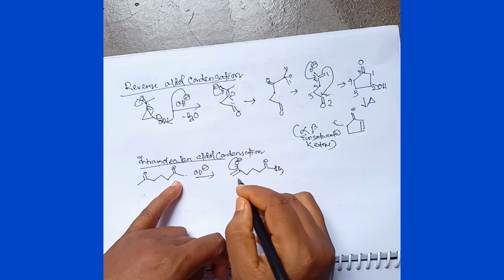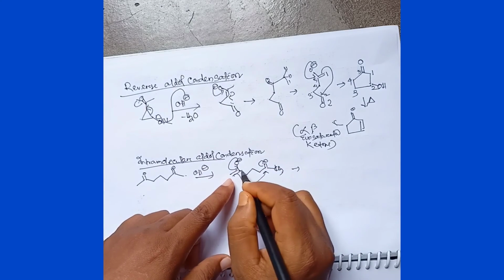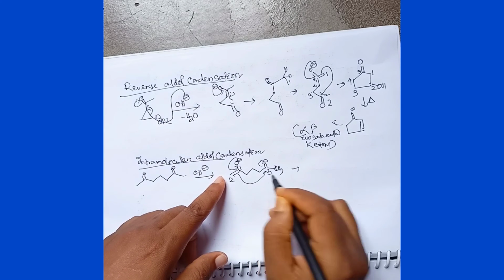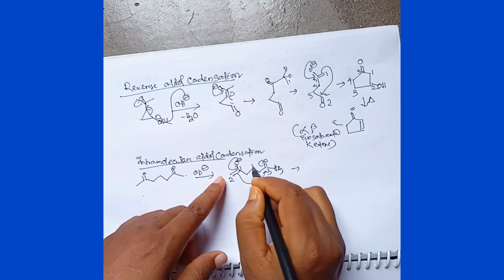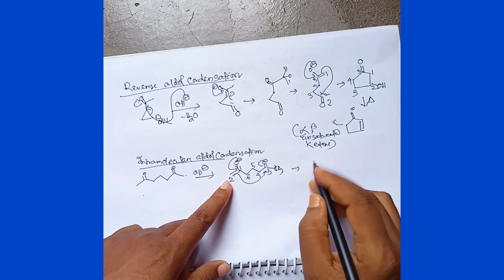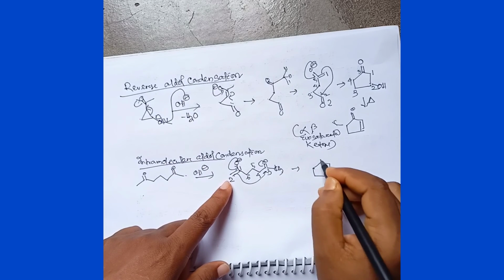Now this will undergo cyclization. So how many? 1 2 3 4 5 6. So the 6 member ring will be formed.